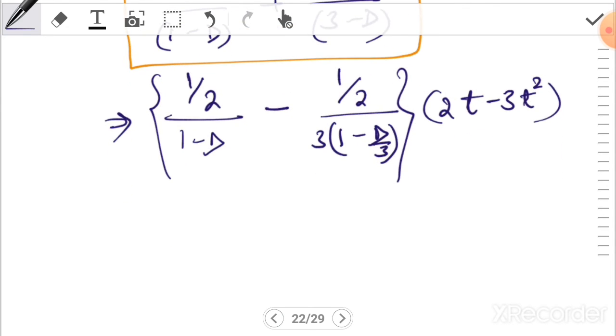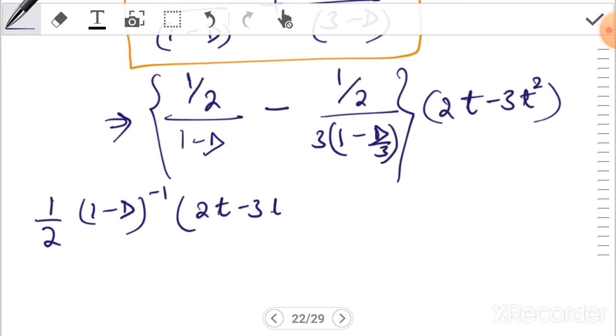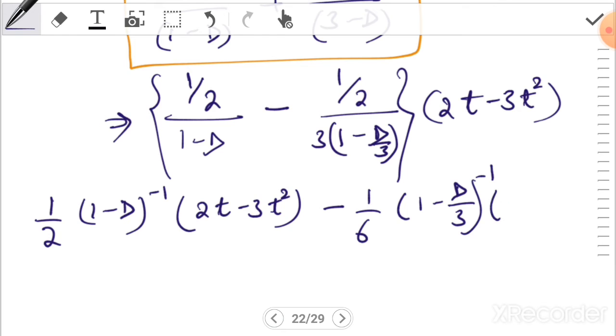Yes, so now we have half (1 minus D) to the power minus 1 on 2t minus 3t square, minus 1 by 6 (1 minus D by 3) to the power minus 1 on 2t minus 3t square.